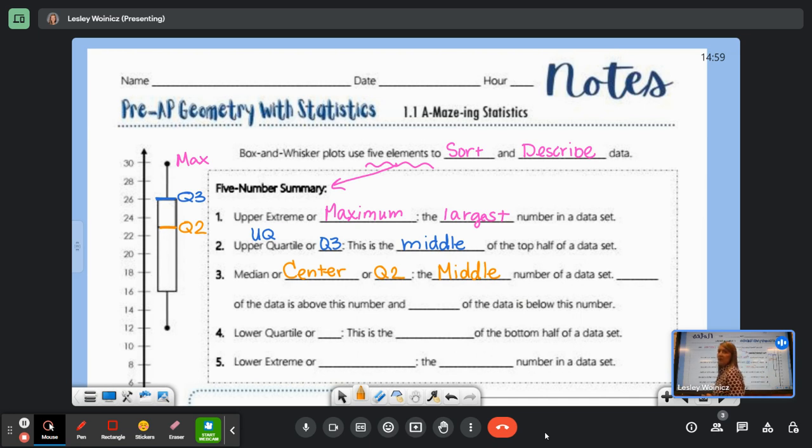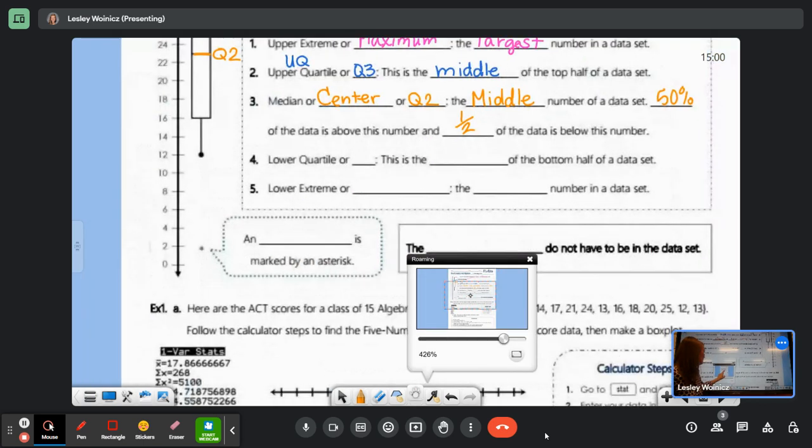Remember that in the middle of the highway is a median, so you don't go into oncoming traffic. Okay, half or 50% of our data is above this number, and also half of the data is below this number.